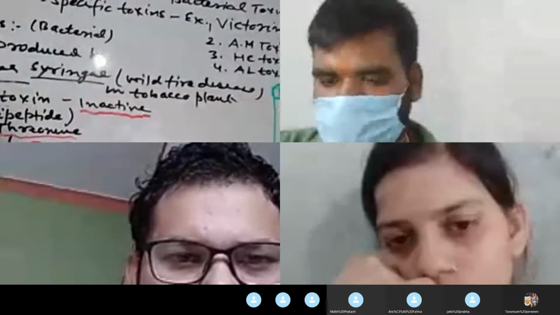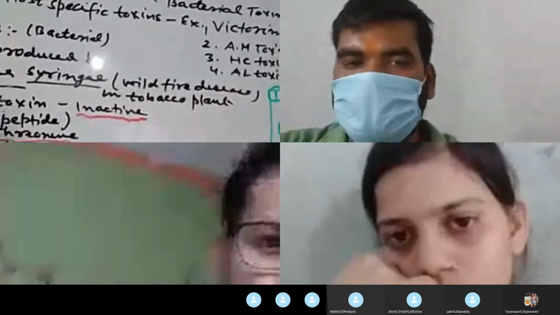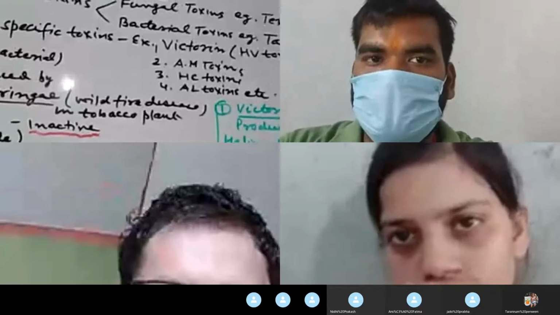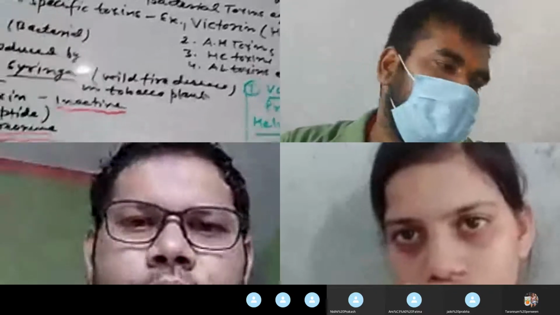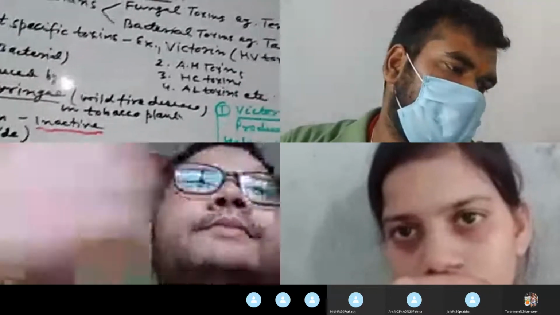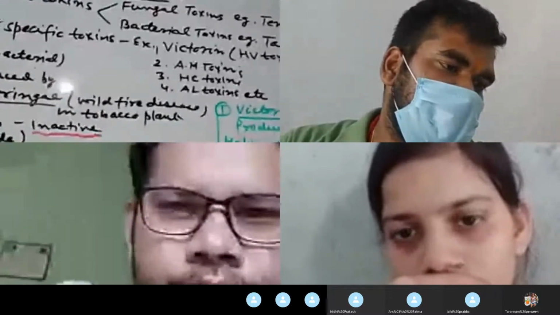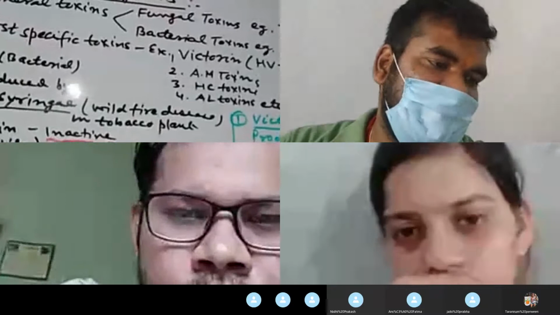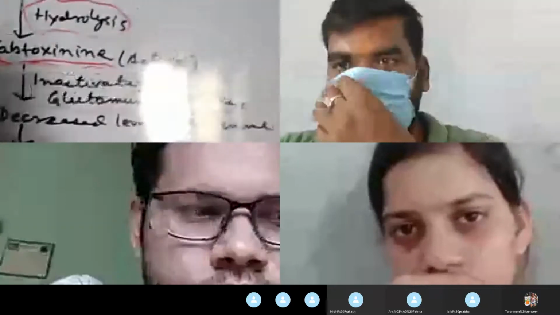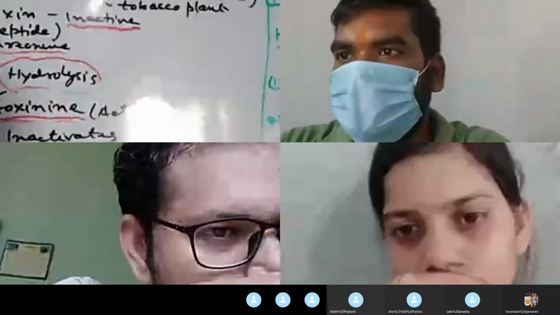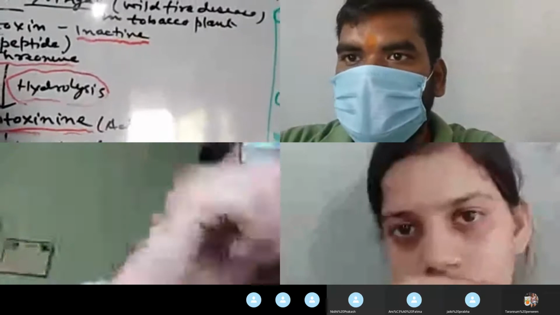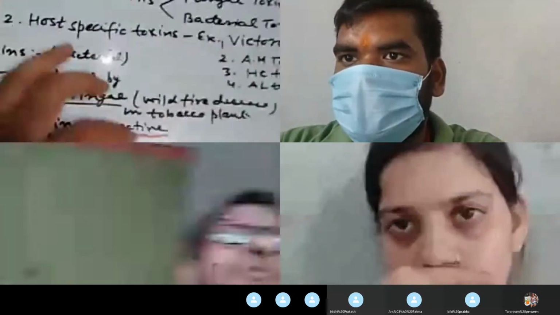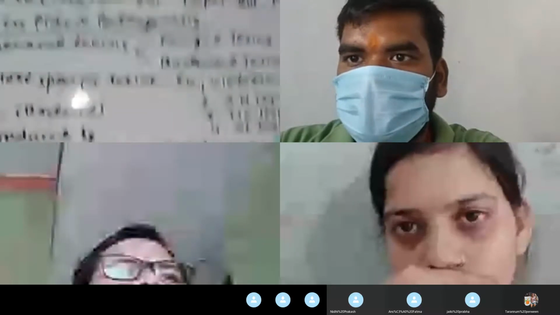This tabtoxinine inactivates the glutamine synthetase enzyme, so there will be a decreased level of glutamine, which brings about the accumulation of ammonia. This ammonia has an adverse effect and destroys the thylakoid present in the chloroplast, and finally necrosis takes place, and there will be inhibition of photosynthesis.